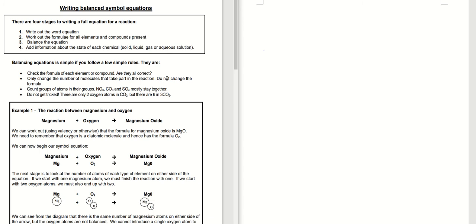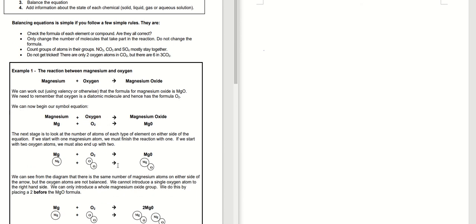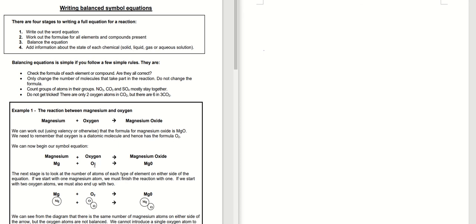Do not change the formula. What I mean by that, if you look at oxygen here, the formula for oxygen is O2. Now keep in mind, this subscript here, unless it's told to you that it is changed, you should leave that number by itself.